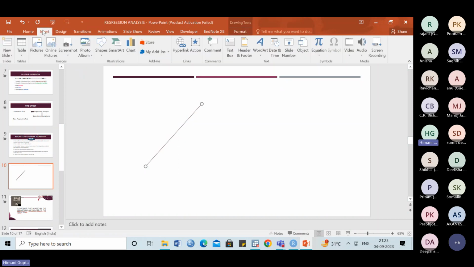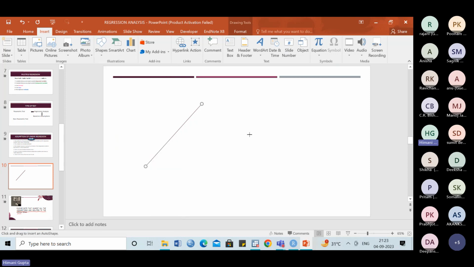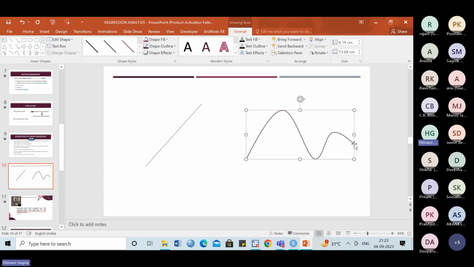And if I am saying curvilinear, your line should bend some way. For example, I can say this way, some curve should be there, or it can be this way also. Straight line is not there, but curves are there.